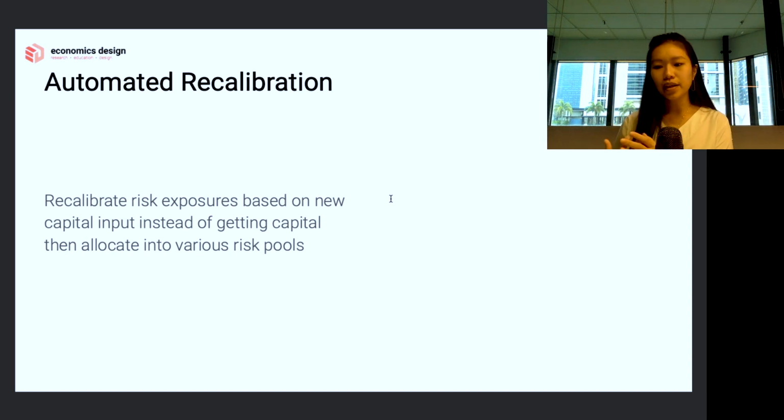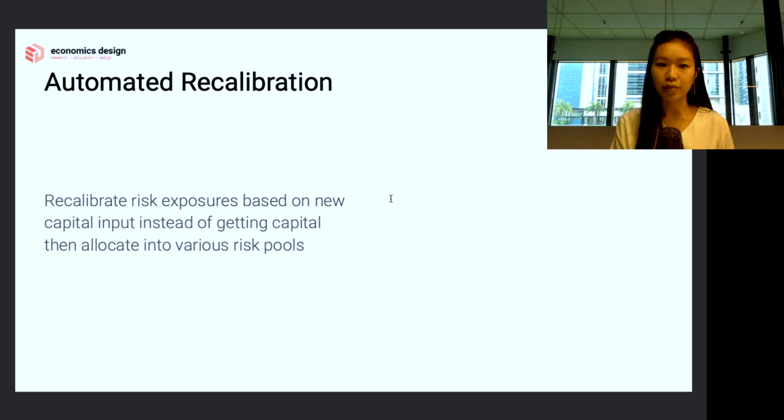This is something where DeFi could add a lot of value given the inefficient traditional financial products available. So as a smart contract, if this bond represents a 30% risk exposure, can I use smart contracts and math to automate this recalibration of the risk given the new inputs available?